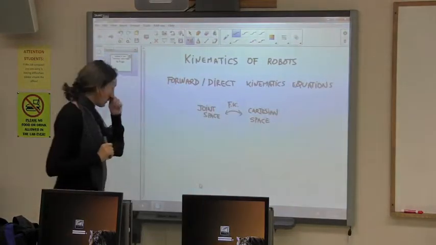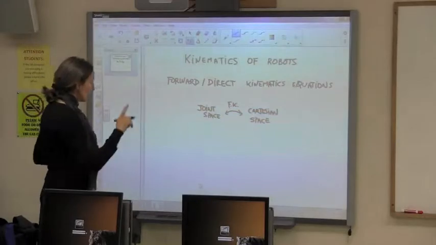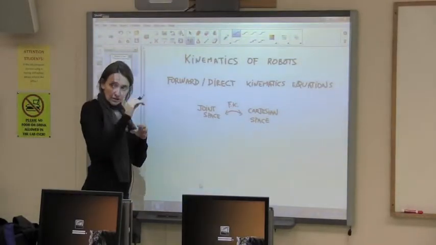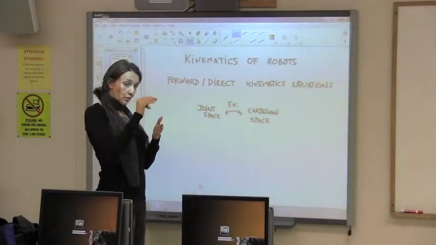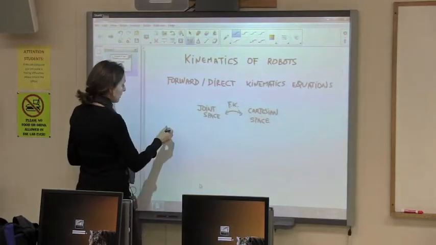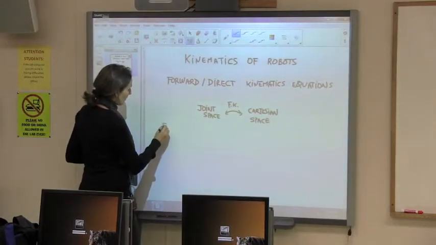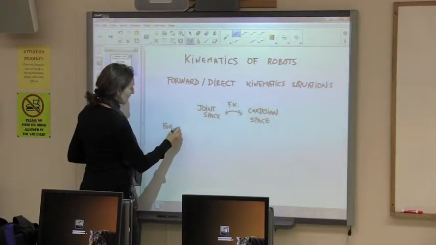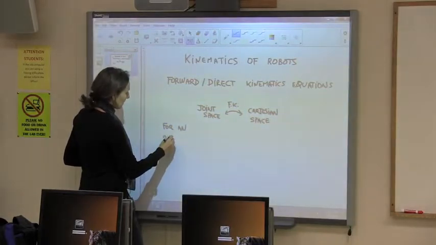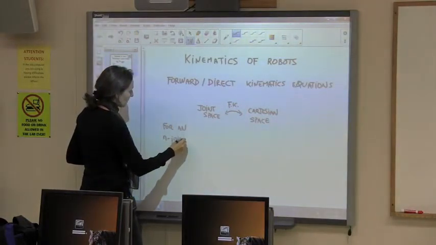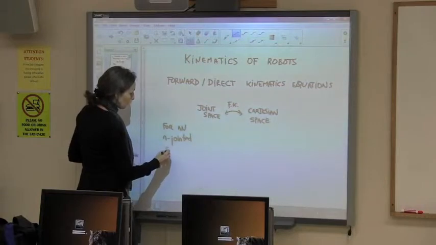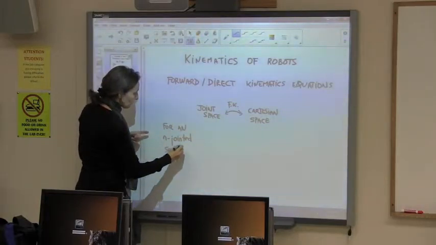Joint space is just the angles of, for instance, an n-jointed robot in which you have to actuate every one of the joints. For an n-jointed serial robot, these are the joint variables that we can control, okay?